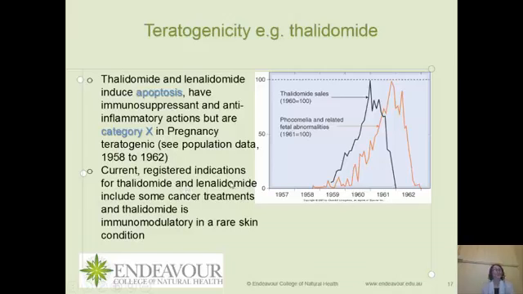This time, certain rare skin conditions where it's immunomodulatory, certain cancers where, because of its immunosuppressive effects, thalidomide is indicated. But in all of these people, we have to establish that the person, if they're female, is not pregnant, because of this other pharmacosurveillance data available from the 60s, thalidomide remains category X in pregnancy, must not be used, directly teratogenic.